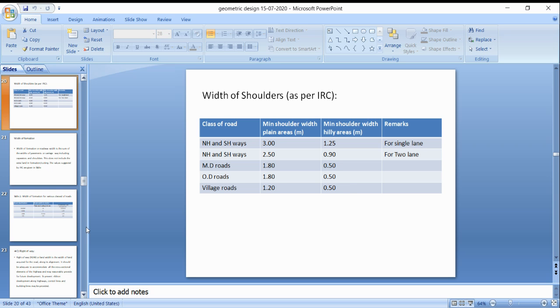These are the things we have to look after for the carriageway. These are the minimum widths of the shoulders, excluding the carriageways.